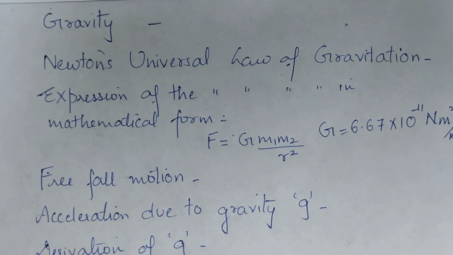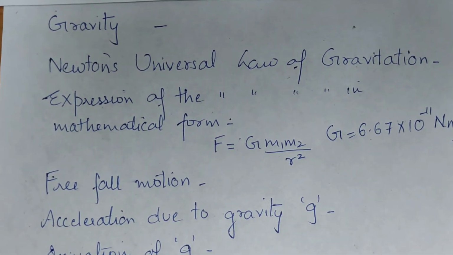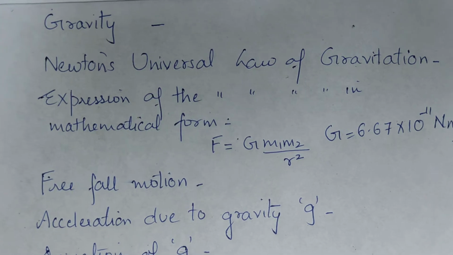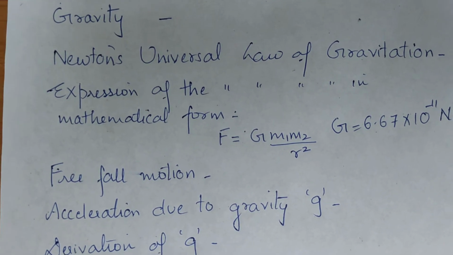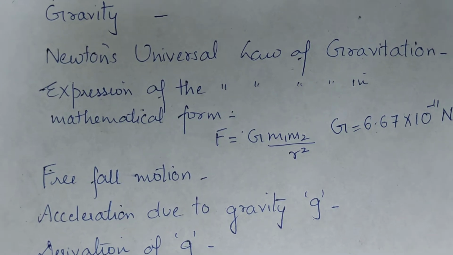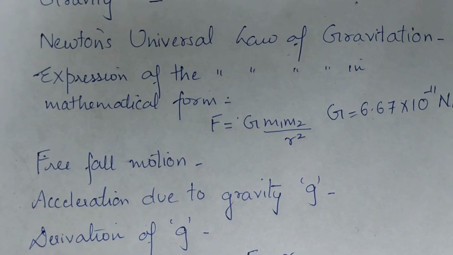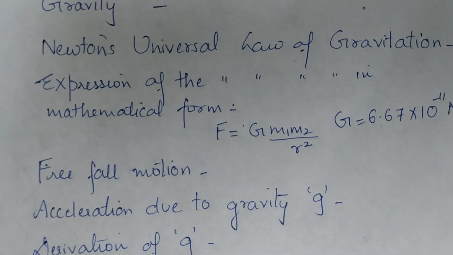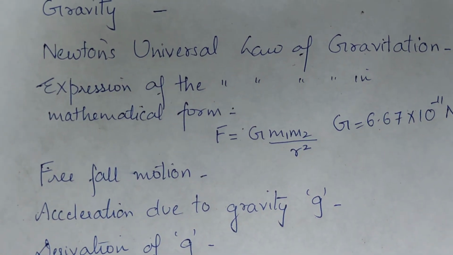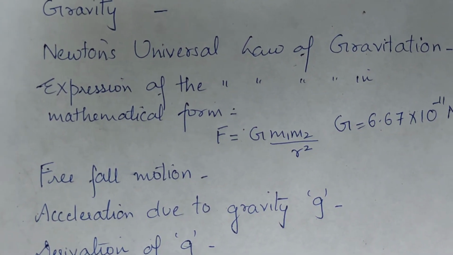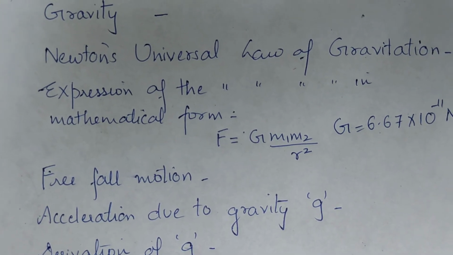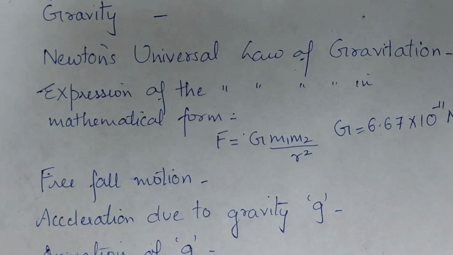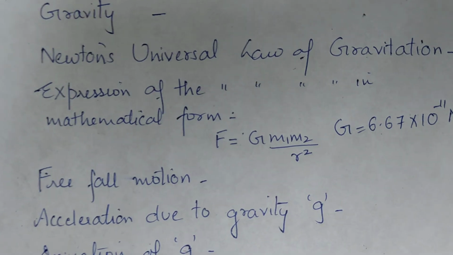Now next is free fall motion. Free fall motion is the motion of a body which is moving only under the influence of gravity. And you know free fall motion is an example of uniformly accelerated motion. Now what is acceleration due to gravity? We know acceleration is change in velocity in unit time. And acceleration due to gravity will be change in velocity in unit time which is produced by gravity alone.